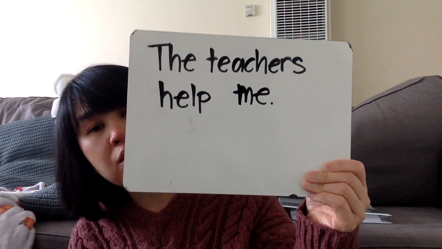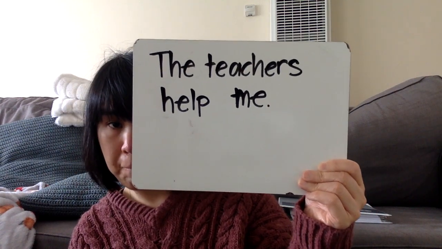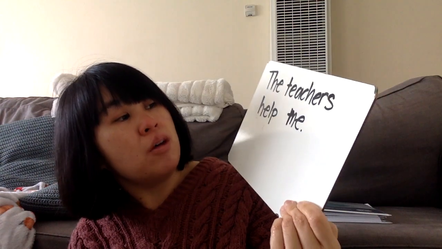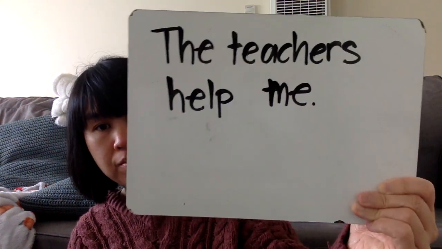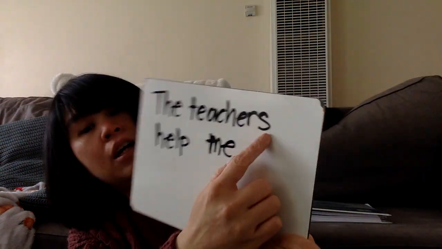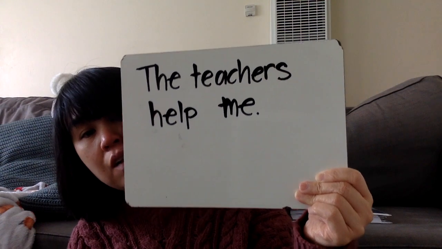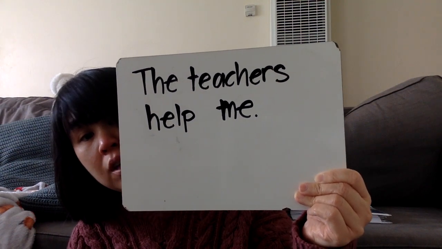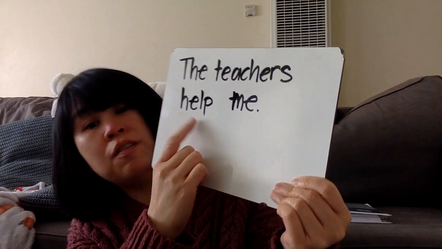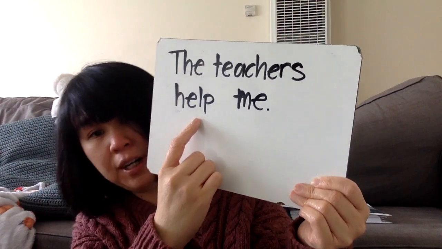How many people are in this sentence? Is it just one or more than one? Good, you said more than one teacher. How do you know? Good. Some people said that I heard Miss Chen, there's an S, so that tells me there's more than one teacher. Do we need to add an S at the end of this verb? No, we don't, because there's more than one.